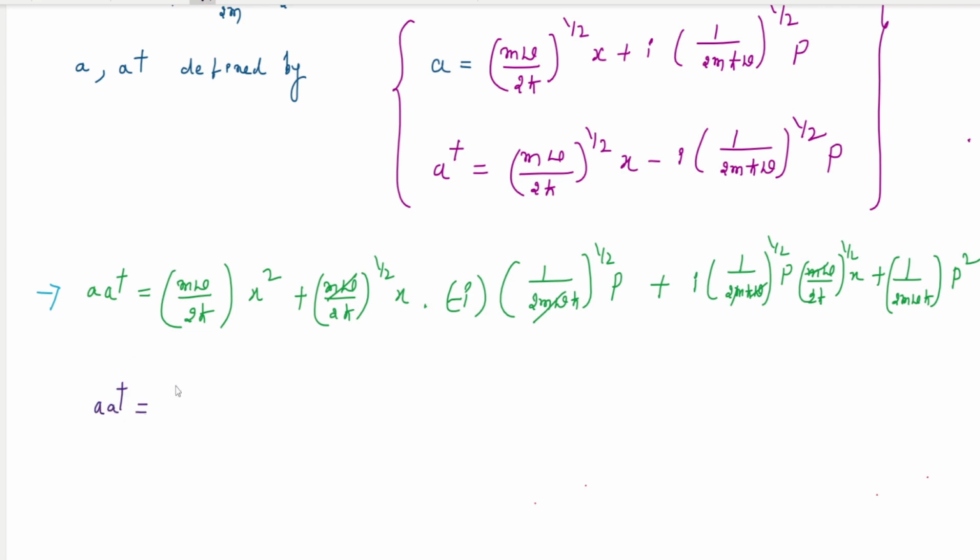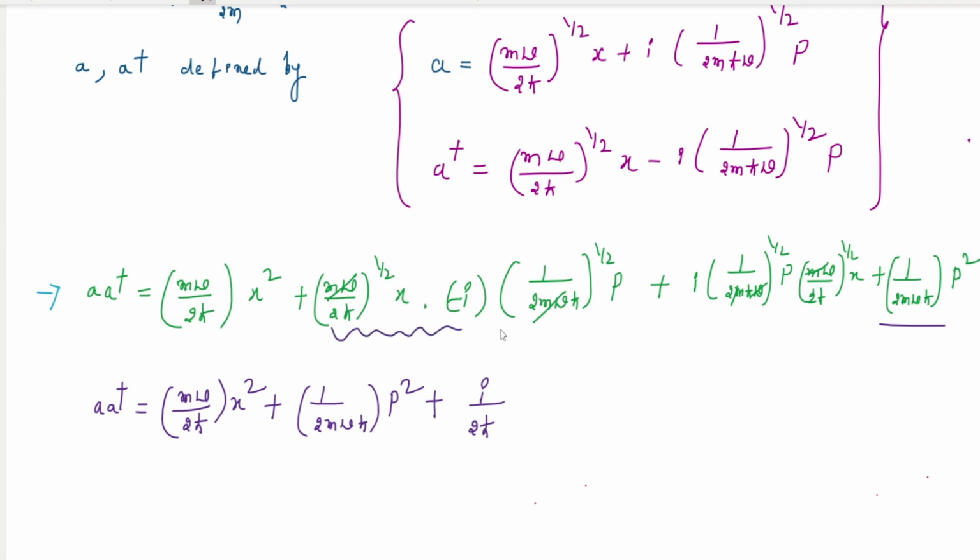A dagger A equals m omega divided by 2h cross into x squared plus, I'm going to write this term first, 1 divided by 2m omega h cross into p squared, plus, here minus is there, here plus is there, so the remaining thing i divided by 2h cross, by using these two terms.